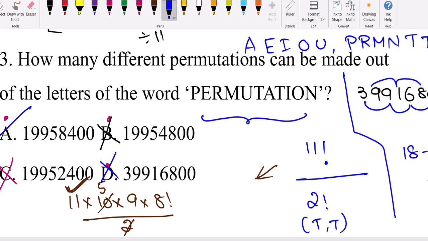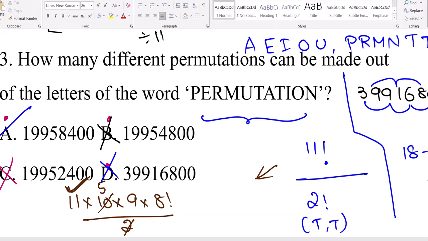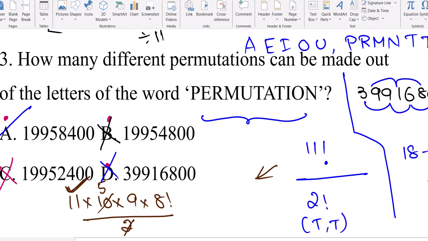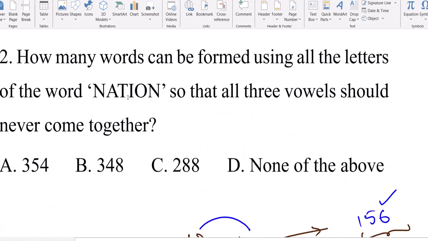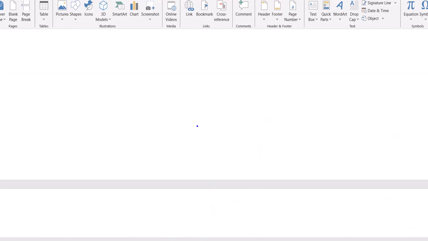Maybe if you recall, in your daily questionnaire, I shared one question like in 15 factorial, end with how many zeros? Can anyone say that now? 15 factorial value ends with how many zeros?